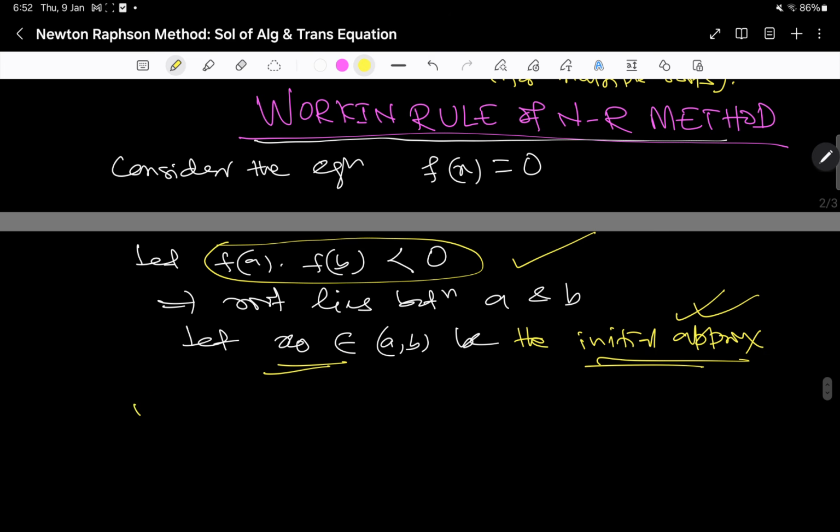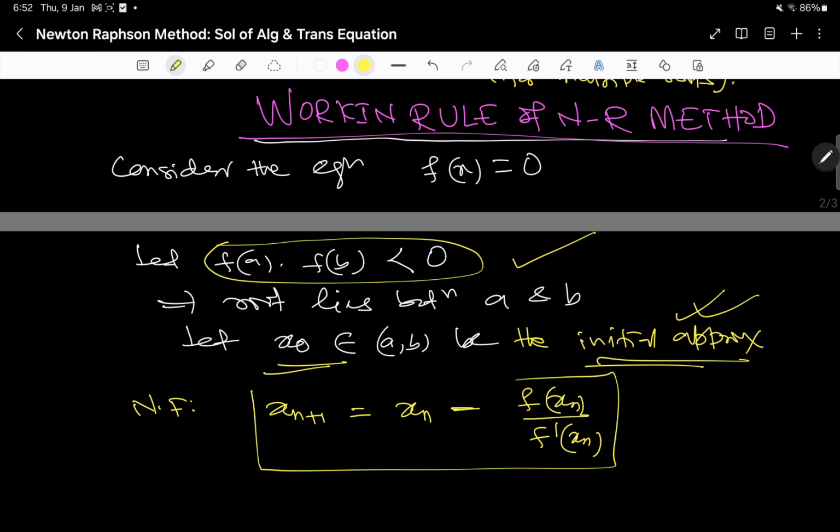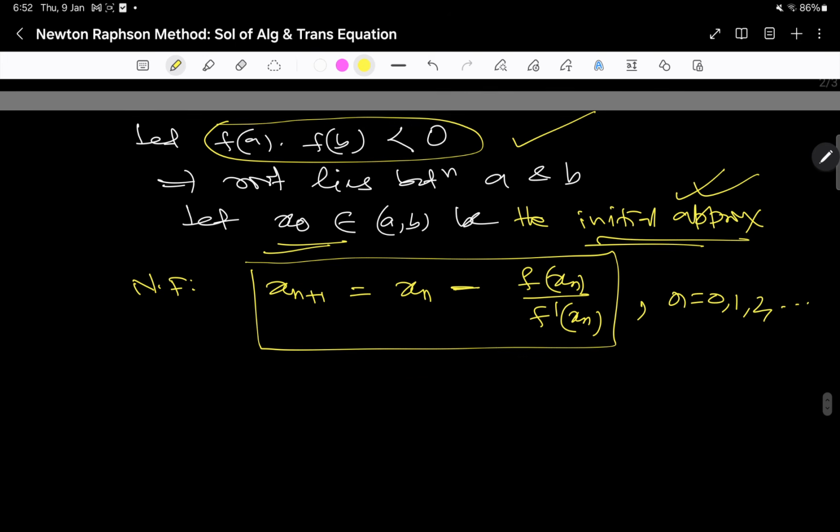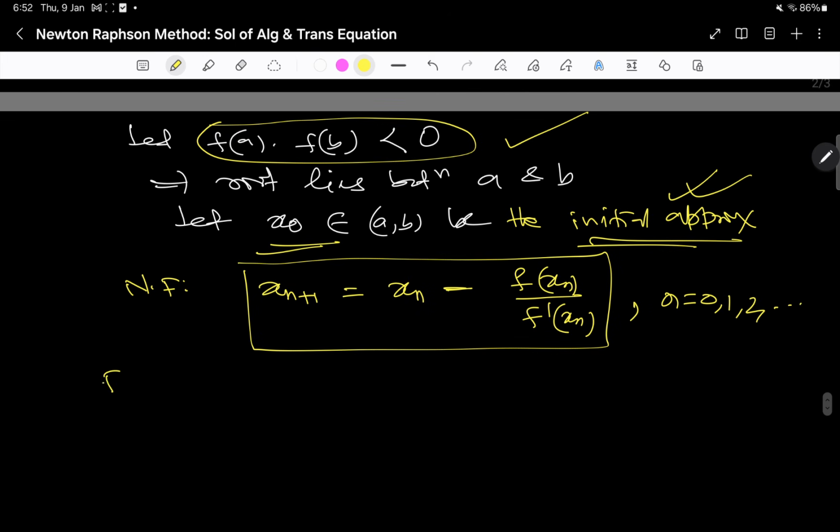Then my necessary formula is x n plus 1 is equal to x n minus f x n by f dash x n, where n equals 0, 1, 2 and so on. So if I put n equal to 0, my x1 will be x0 minus f x0 by f dash x0.